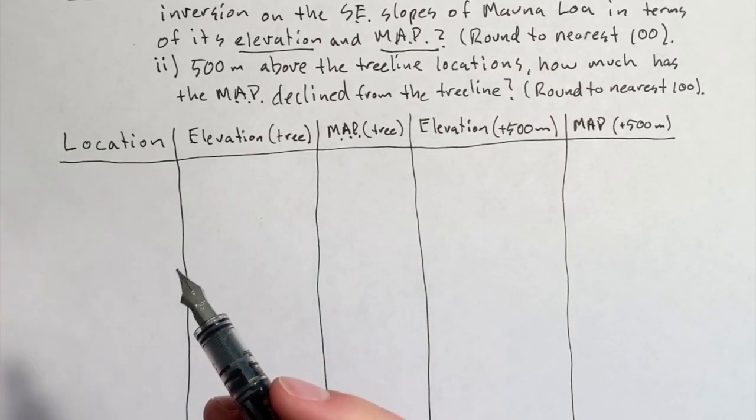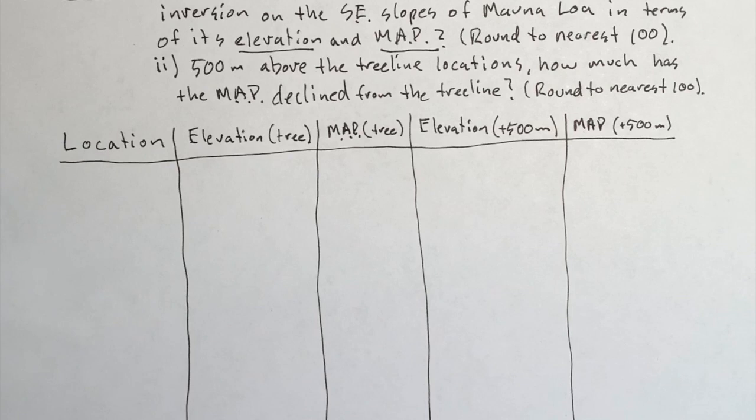So we're going to do this for each of our 5 locations. Those are going to be given in terms of latitude and longitude. You can use the fast travel mode in the geovisualization to go to those locations. It's not going to drop you off exactly at the tree line, but it's very, very close nearby.